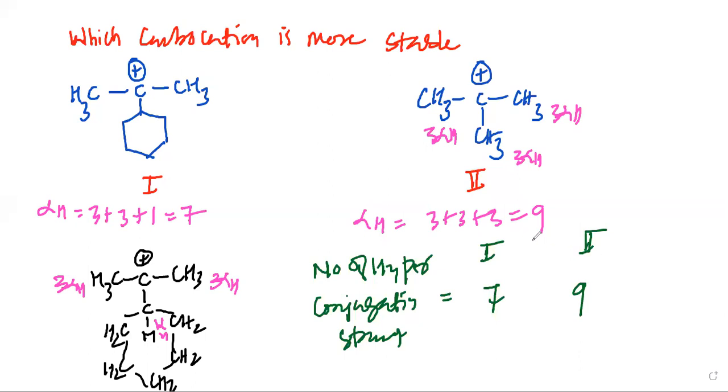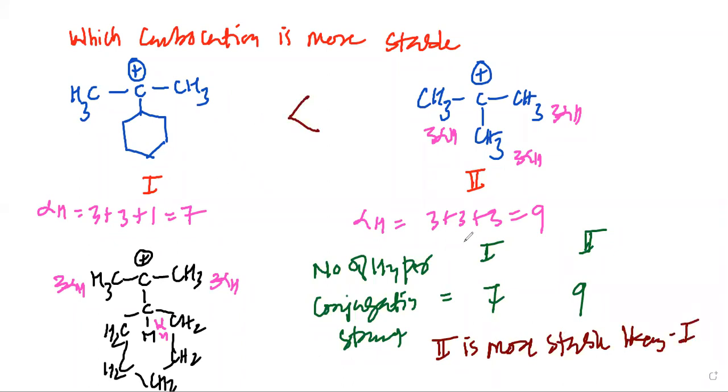And that is why 2 is going to be more stable than 1, and that is how we can write it.